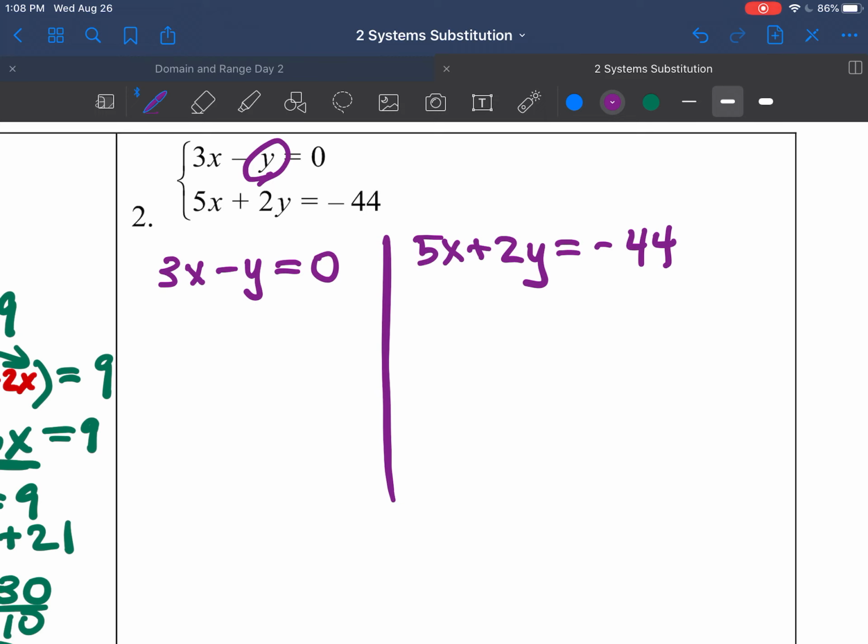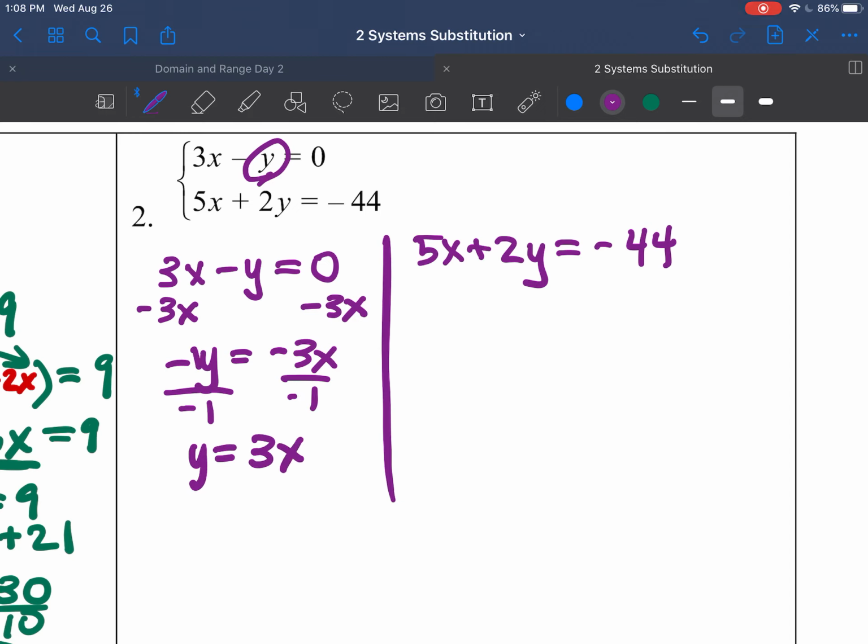Okay, and so in this first step, we need to move the 3x over, giving us negative y equals negative 3x. Divide by the negative 1, giving us y equals 3x. That's easy.